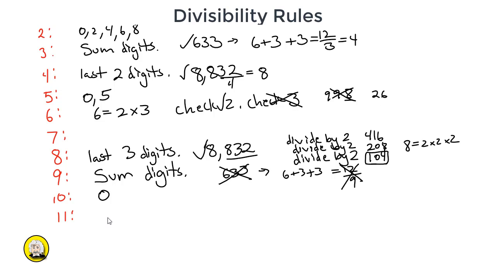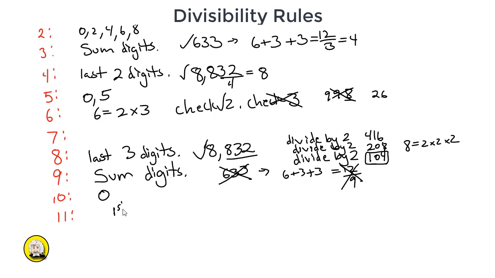How about 11? 11's where things get really exciting. Kind of like 3 and 9, we're adding digits together, but in this case, we're adding the alternating sequence of digits and subtracting the opposite sequence of digits. So what do I mean by that?